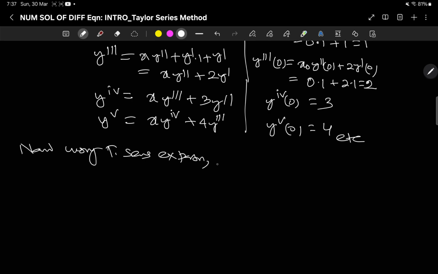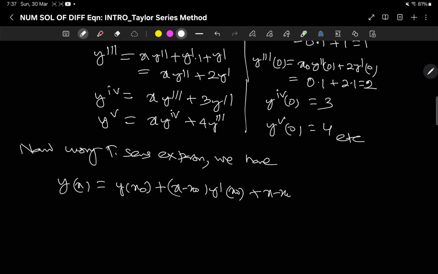So now, using Taylor series expansion, we have y of x is equal to y of x0 plus (x minus x0) y dash x0 plus (x minus x0) square by factorial 2 y double dash x0, and we continue, it is (x minus x0) to the power 5 by 5 factorial y fifth derivative at x0.